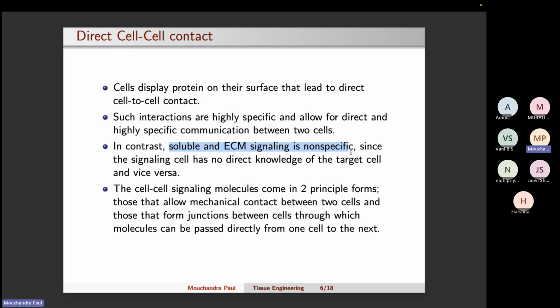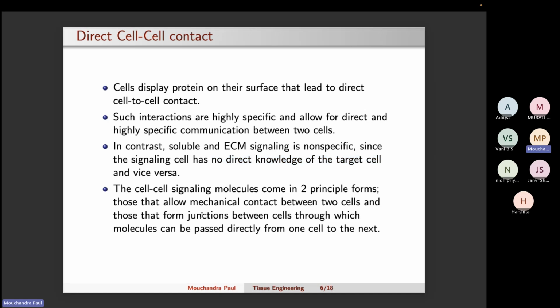So which ECM component will bind or signal which cell is highly out of control of the source cell, which has secreted the ECM component. So the target cell has no direct knowledge of the signaling cell. Also, the signaling cell has no direct knowledge of what is going to be the target cell.